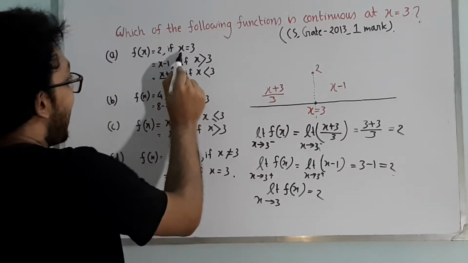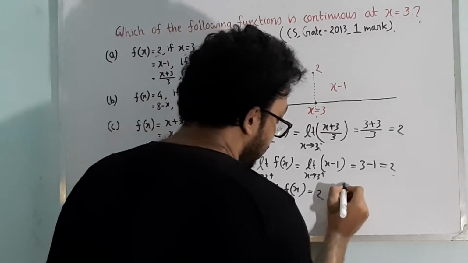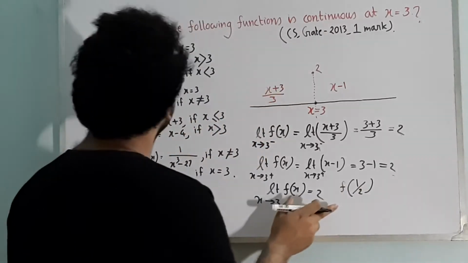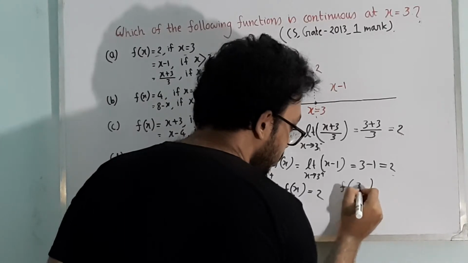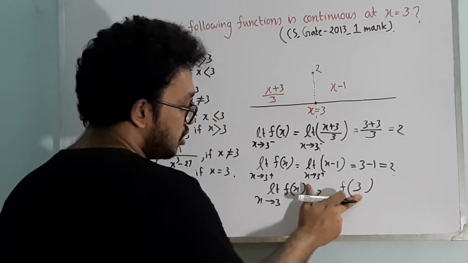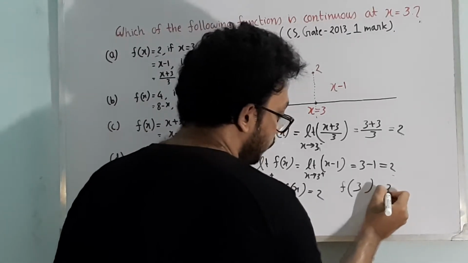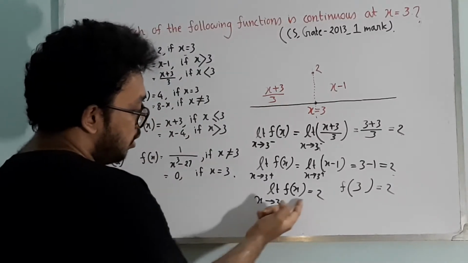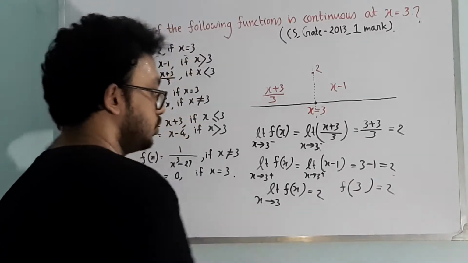It says that at x equal to 3, the value of the function f(x) is 2. So clearly the value of the function f(x) at x equal to 3, which is denoted by f of 3, is equal to 2, right? Now you observe that the limiting value at x equal to 3 is 2, as well as the value of the function f(x) at x equal to 3 is 2.